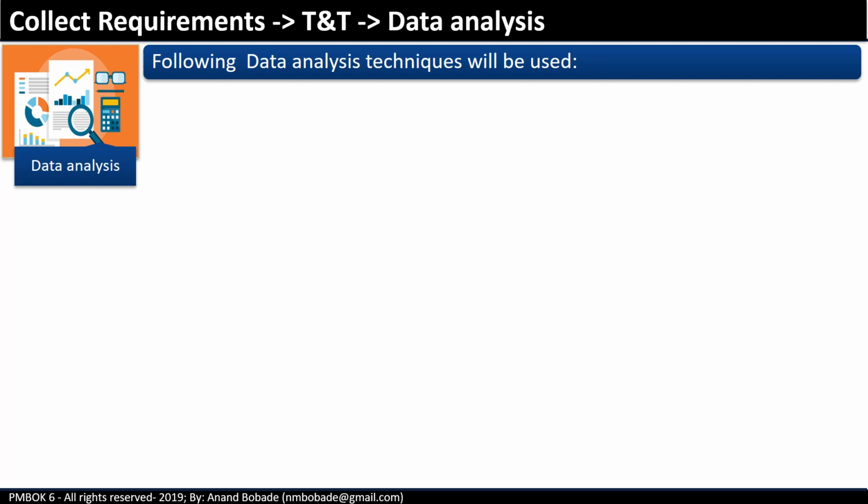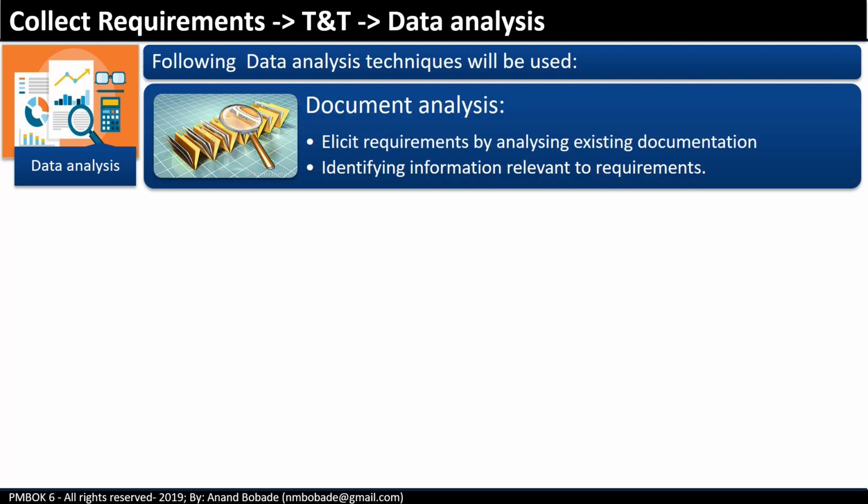Data analysis. Once potential requirements are gathered from all stakeholders, you need to analyze those requirements. This is where the document analysis technique will help. It will help you to elicit requirements by analyzing existing documentation and identifying information relevant to requirements. There is a long list of documents that can be used in this analysis.